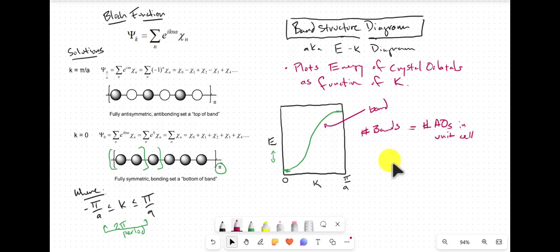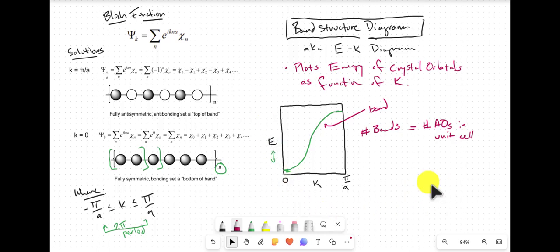To put that more plainly, the number of bands that we would see in our band diagram, which accounts for these continuous lines, is equal to the number of distinct atomic orbitals that are in the unit cell. Since we only had the 1s orbitals here, we only have a single band. If we had something more complex that had p orbitals or d orbitals, we would have a band produced for each one of those original atomic orbitals.